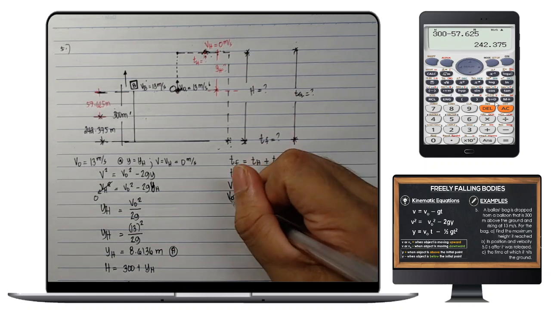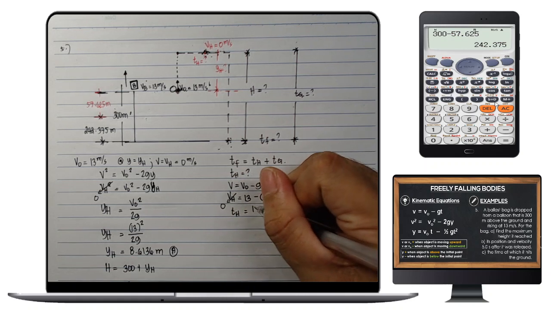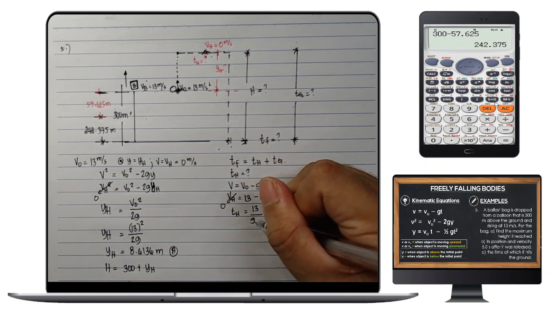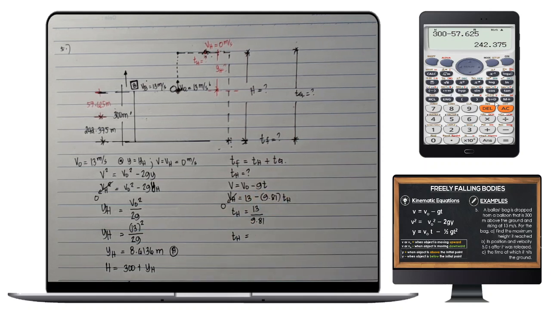Therefore, V sub h natin is 0. Therefore, T sub h natin is 13 divided by 9.81. So, that is 13 divided by 9.81 equals, so yung value natin is 1.32.